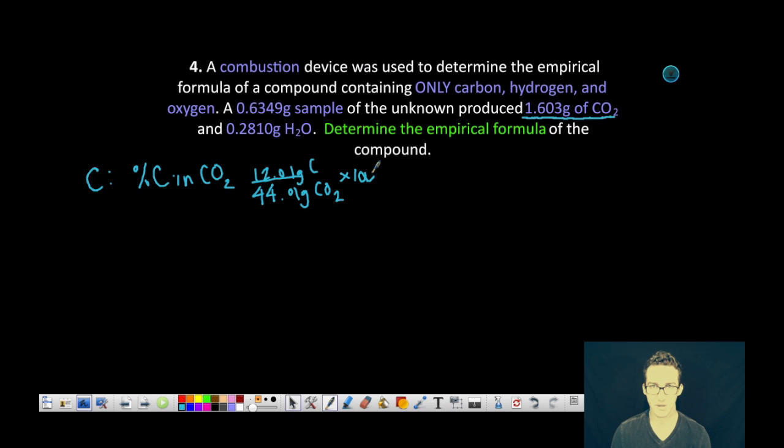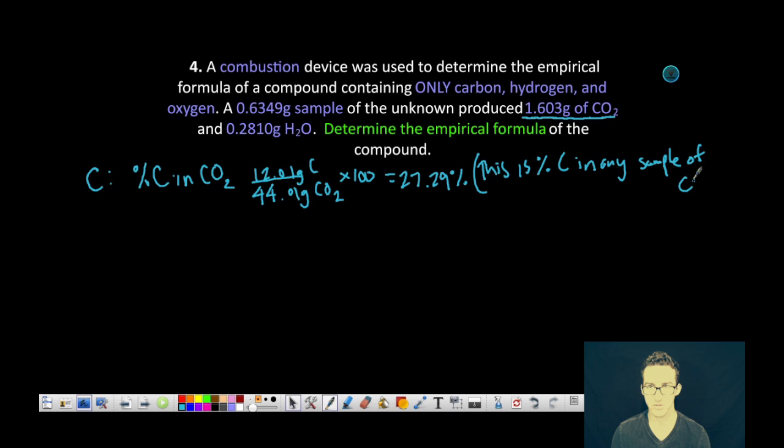Which means that the percent carbon in carbon dioxide is 27.29%. And this is the percent carbon in any sample of CO2. Our sample is 1.603 grams.